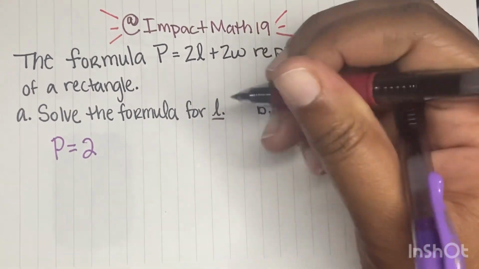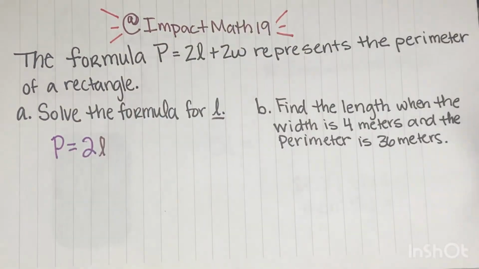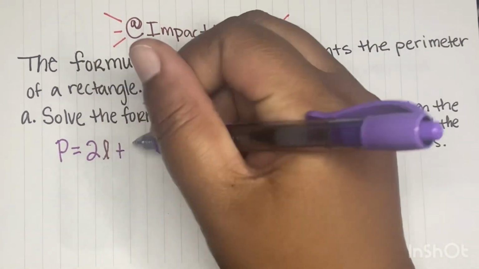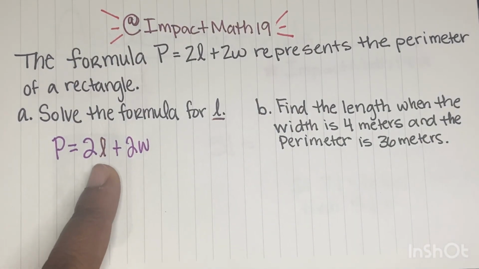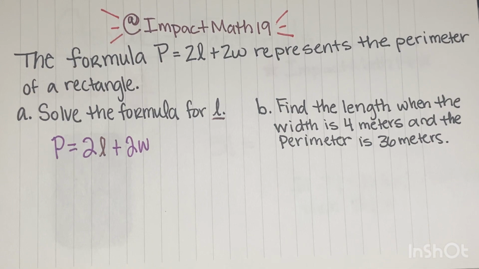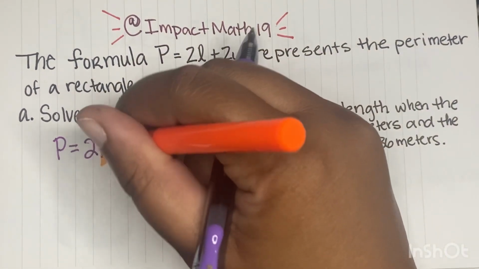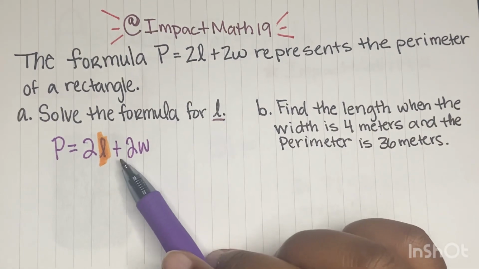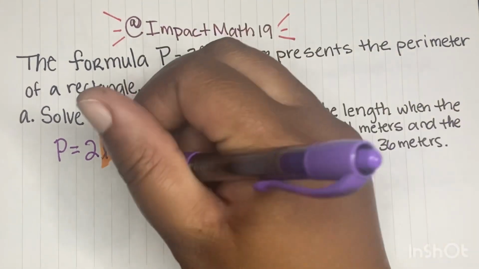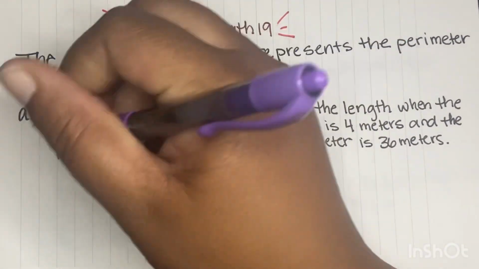And here, since they said L, we're going to write this L in a different color. Plus 2W. Okay. So I want this L here by itself. So I know what I'm telling myself is everything else has to go. So I'm going to do the opposite of plus. I'm going to minus 2W to both sides.